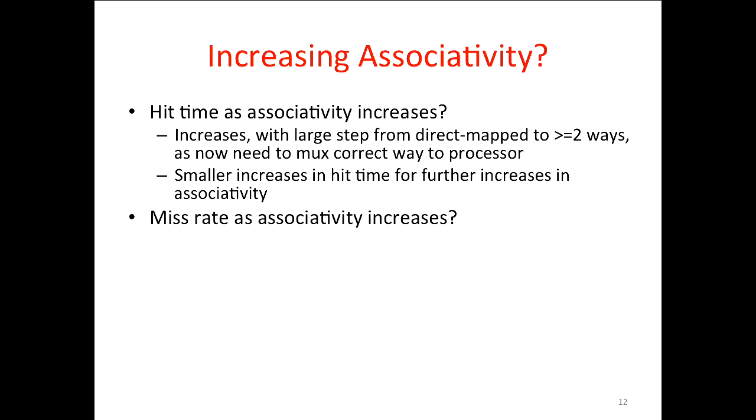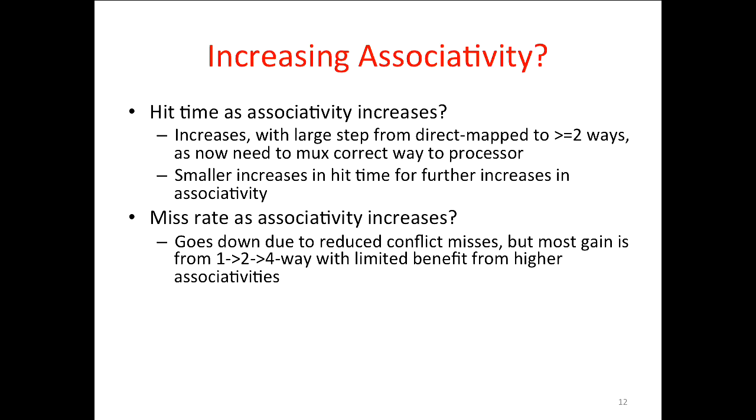So it does go down, but what's the big reason you add associativity? Right, because you get less conflict. So there's less chance of conflicts if multiple things can map to the same set, right? So yes, the miss rate goes down. One thing you'll see is that the big benefit is going from one to two-way or two to four ways, and after that, you really get diminishing returns for making it more associative.